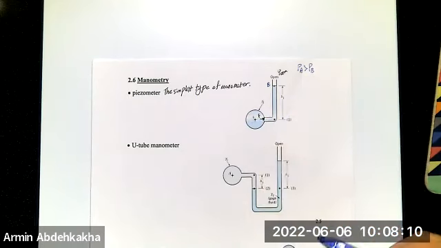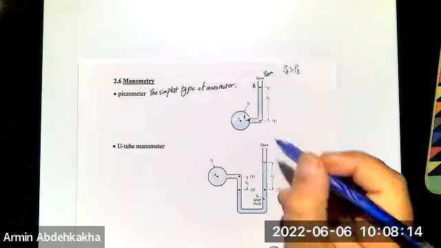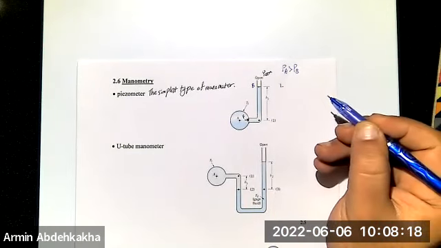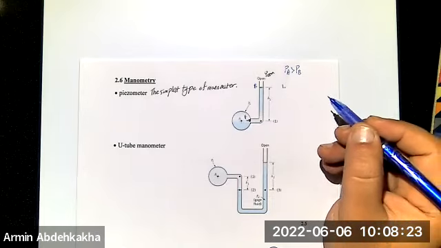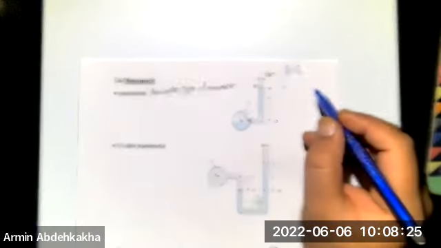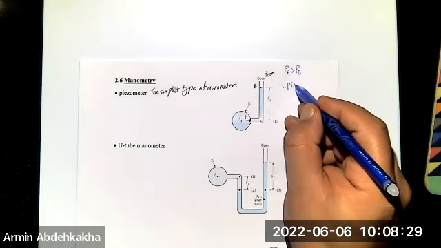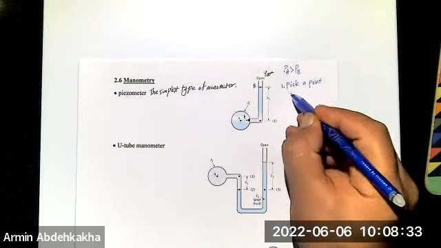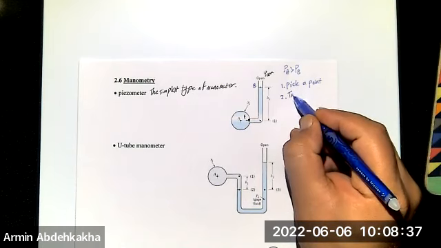Sometimes you have more complex types of shapes. So I will give you 4 steps that work for me to answer any type of manometer or piezometer or U-tube manometer, and it works all the time. First, pick a point. Second, try to escape.